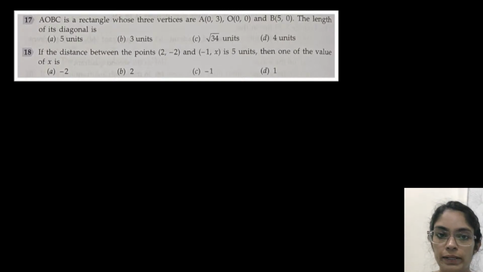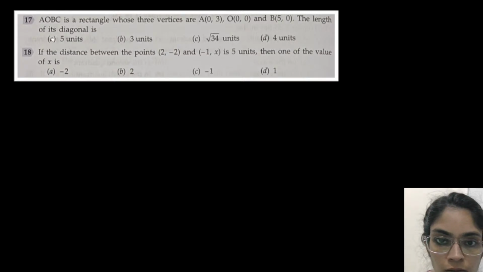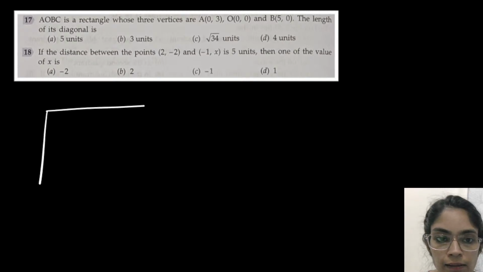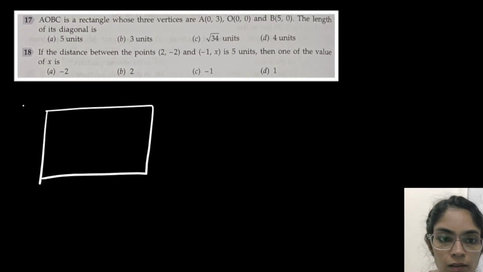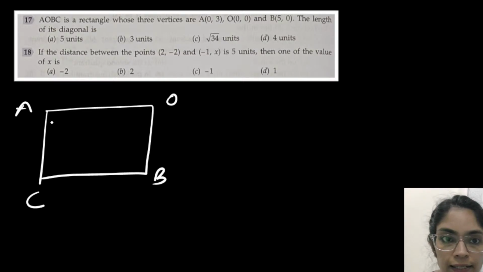Yes, so next question, 17th question. Question number 17, I'm going to do now. AOBC is a rectangle whose three vertices are given to us. In this order I am taking, it's a rectangle.